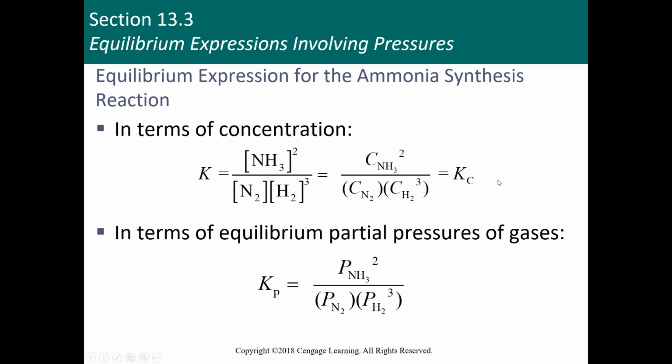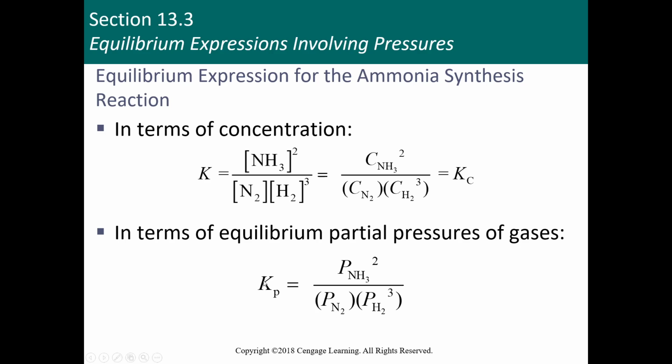So yes, you can calculate this in molarities, concentrations, and that would be a Kc, an equilibrium constant calculated in concentration. Now, you can also calculate these in terms of partial pressures of the gas. Remember, the partial pressure is just an easier way to determine the concentration, if you will, of a gas when it is, of course, all vapor phase.